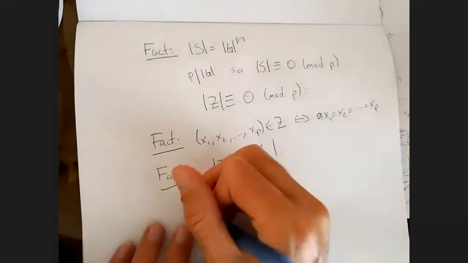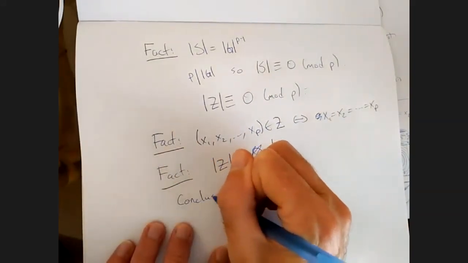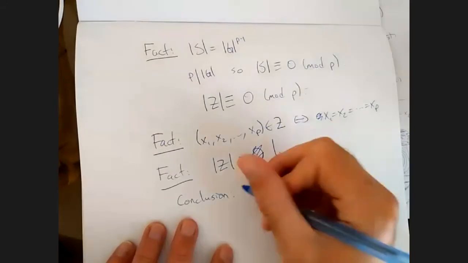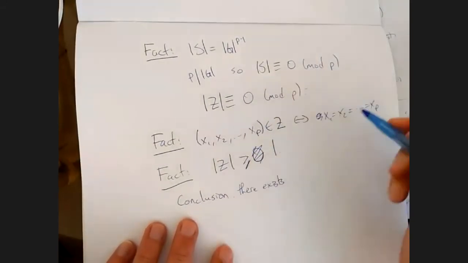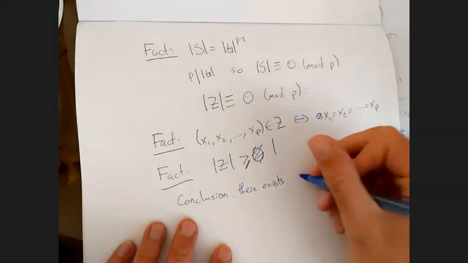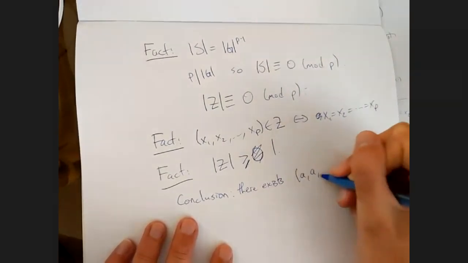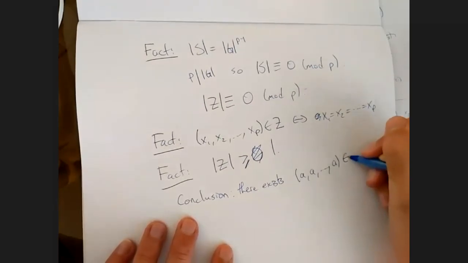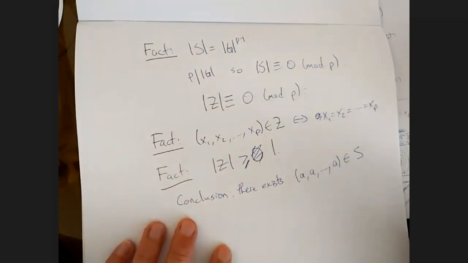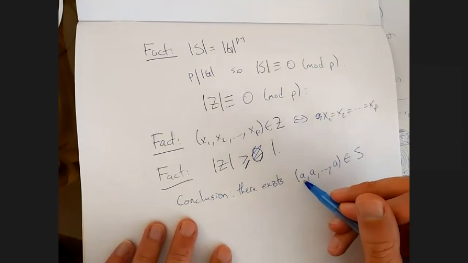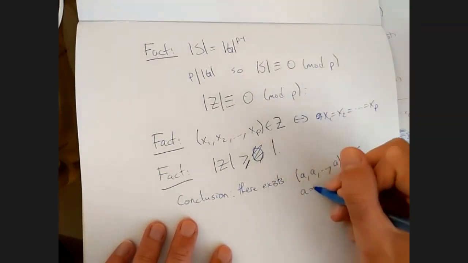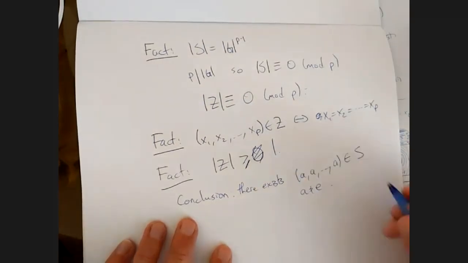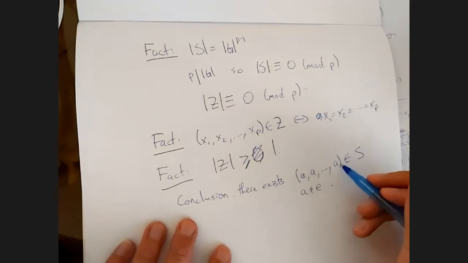So the conclusion is, there exists some element a of S where a is not equal to the identity. In other words, the elements of S are the things where you multiply them all together, you get the identity.